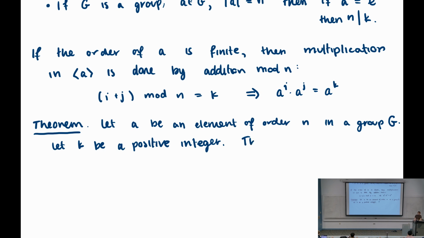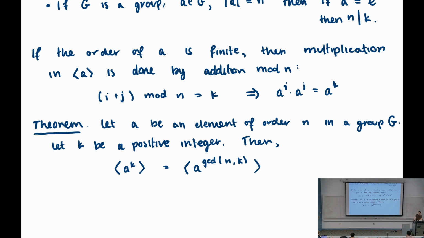Then we can say what the group generated by a to the k is. And this is just equal to the group generated by a to the GCD of n and k.